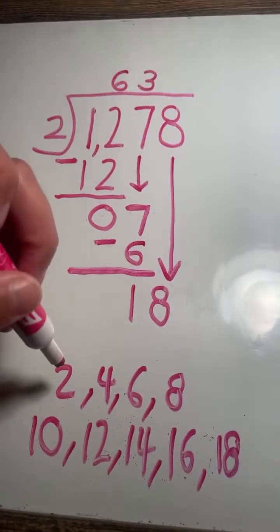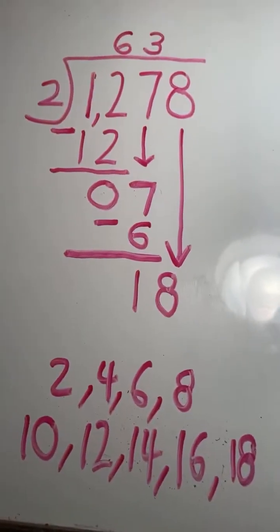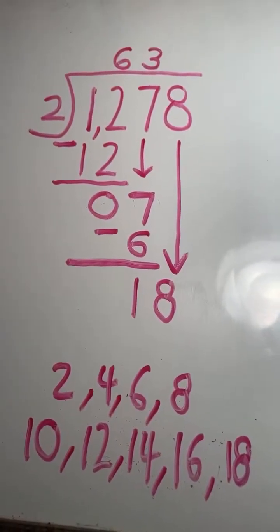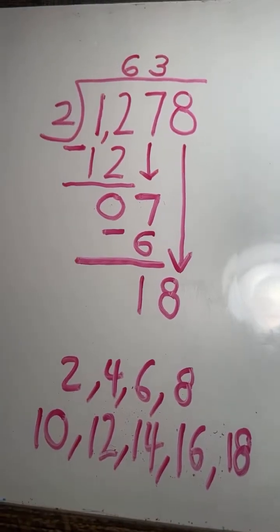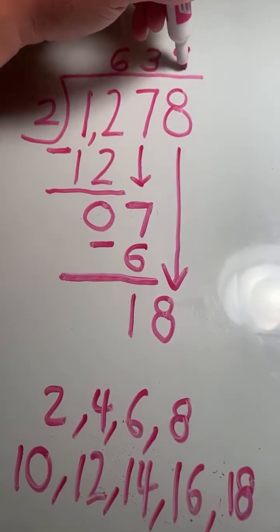I ended up counting by 2s 1, 2, 3, 4, 5, 6, 7, 8, 9 times to get to 18. So 18 divided by 2 equals 9.